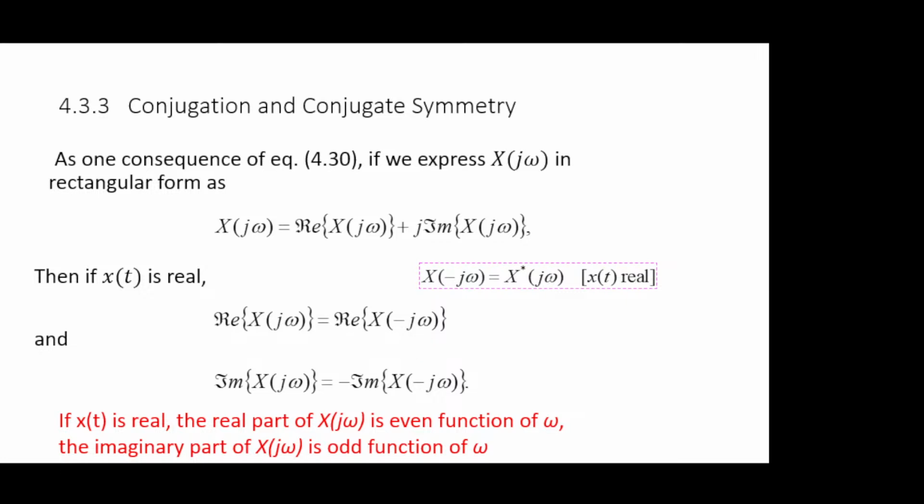You can easily convince yourself that this is real, and this frequency inversion actually commutes, and this is equal to minus the real part of X of minus j omega.